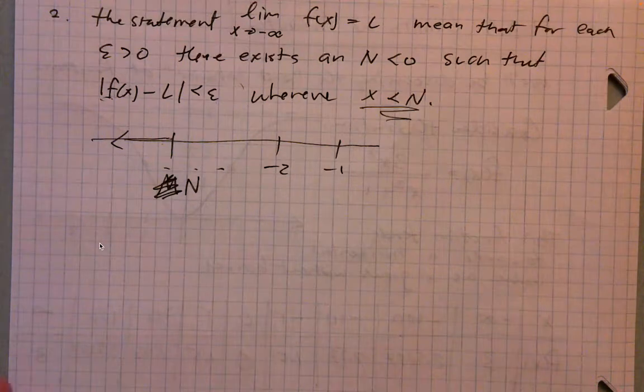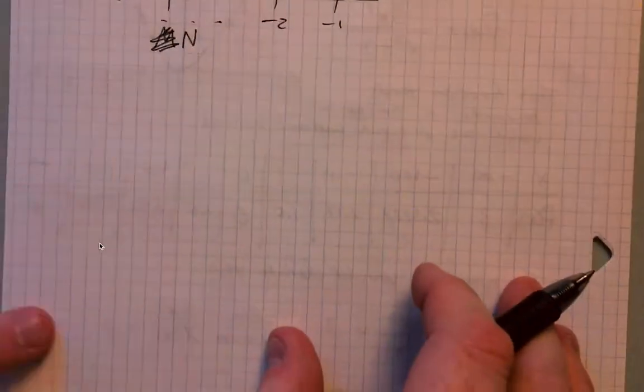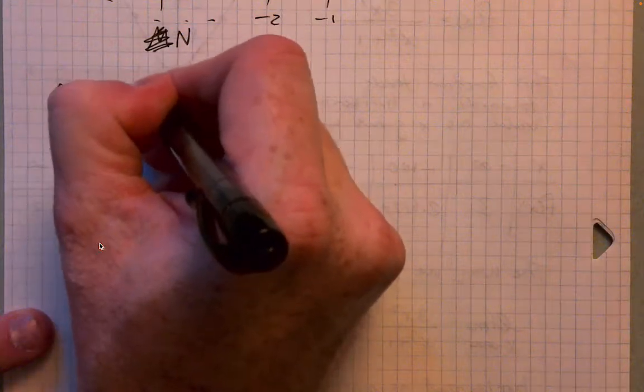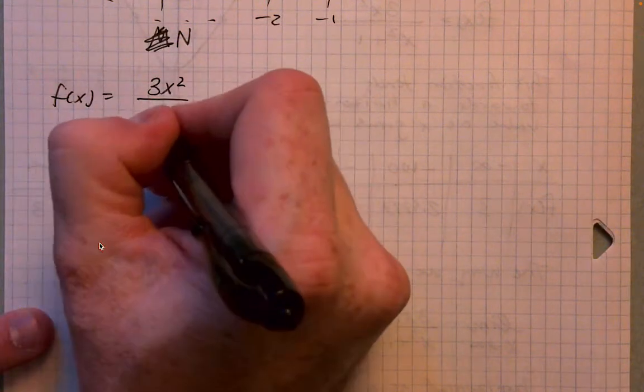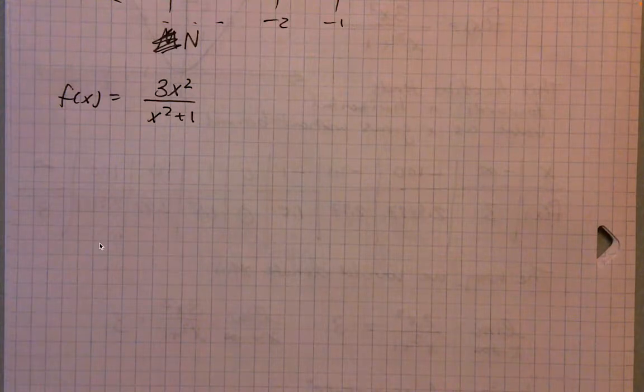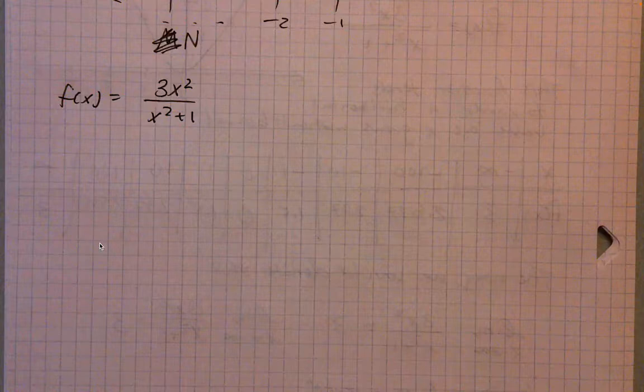So the opening example that we had, I think it was f of x equals 3x squared over x squared plus 1. So this is an example in which the graph of f approached a horizontal line, and we dubbed that a horizontal asymptote.